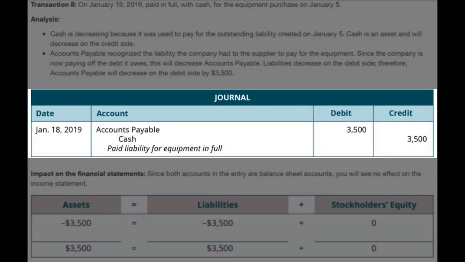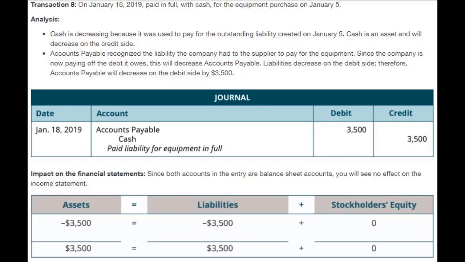And that's why in the journal entry for transaction 8, we are debiting accounts payable and crediting cash for the $3,500. Once again, please note, we never indent debits. We always indent credits.